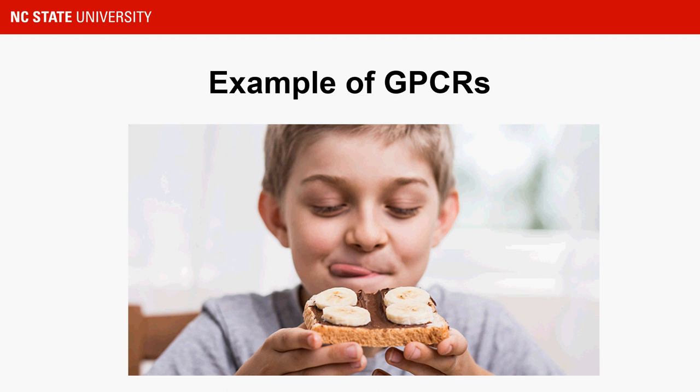For example, the fact that you can smell and the fact that you can taste fatty food and a lot of sweetness are all due to GPCRs. So next time when you try to eat a cake, stop and think, I thank my GPCR for allowing me to enjoy the delicious cake.